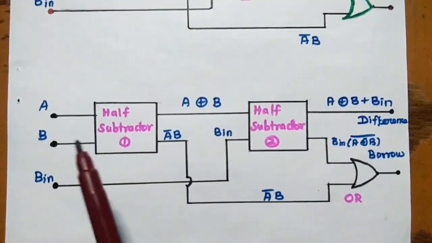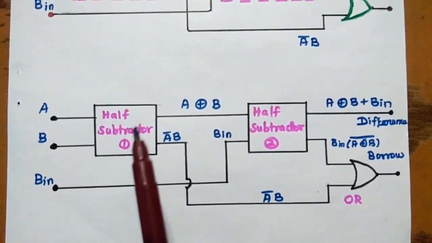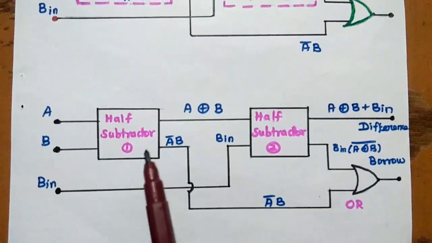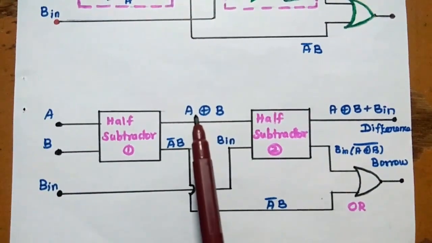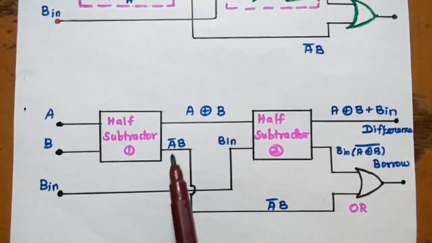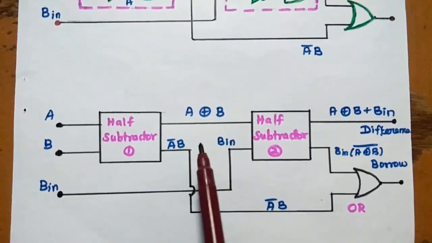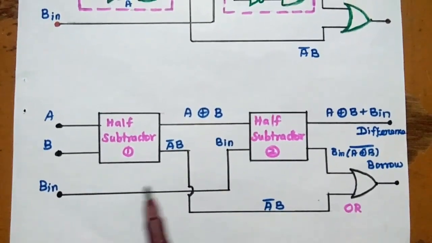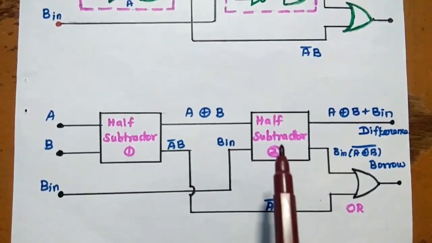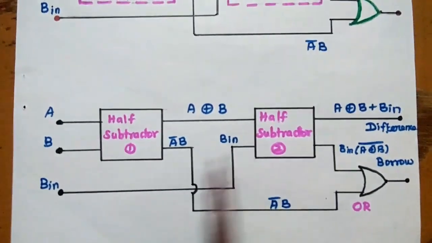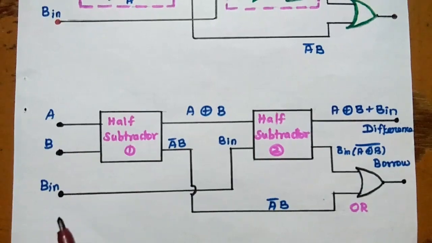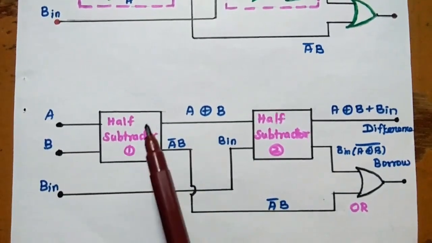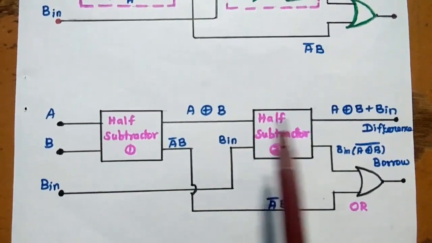Next, this can be represented with blocks like this. A, B are given as input to the first half subtractor. Then we can obtain the difference A XOR B and the product A bar B from this first half subtractor. Then for the second half subtractor we give one more input B in, and the output of the first half subtractor as input.